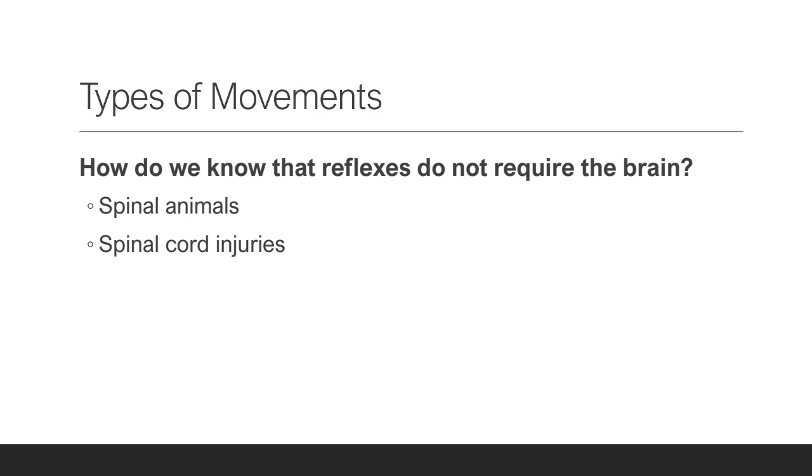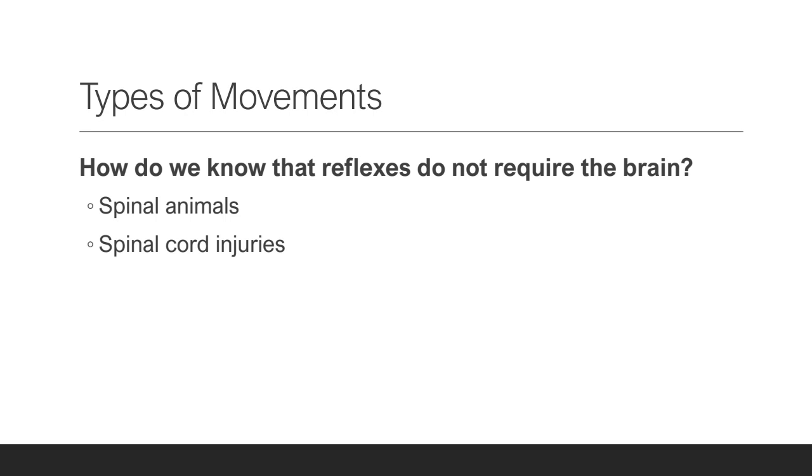It just wasn't able to communicate with the brain. So the spinal cord would still be able to mediate many reflexes, such as limb withdrawal to a noxious stimulus, or other types of reflexes.